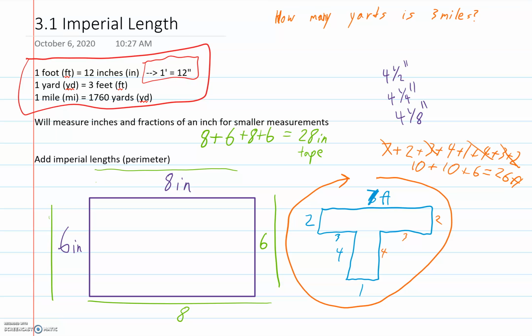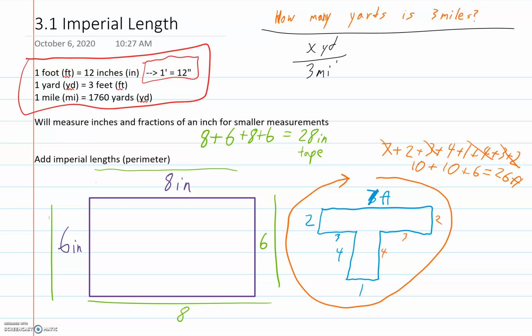All right, and last but not least, we have a question up top in orange. How many yards is 3 miles? So we answer this the same as our previous unit questions. We ask, what do we want to know? So x yards. What do we know? 3 miles. And we compare it to our ratio. In this case, our ratio is 1,760 yards to 1 mile.